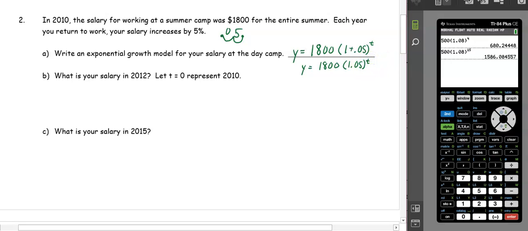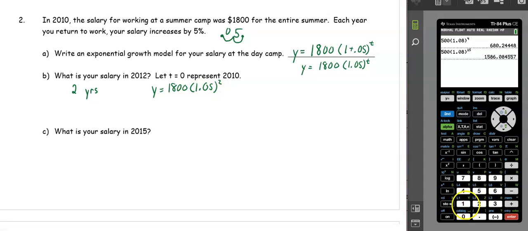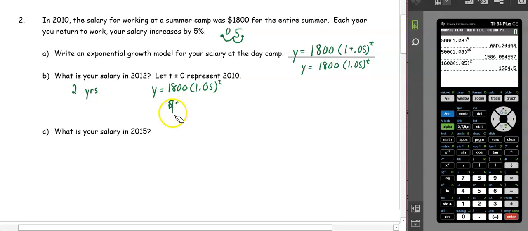So what is the salary in 2012? We are starting in 2010. So from 2010 to 2012, that is 2 years. So we're going to put 2 in as our exponent. So we have 1,800 times 1.05 to the second power. We type that in our calculator, and that gets us $1,984.50.